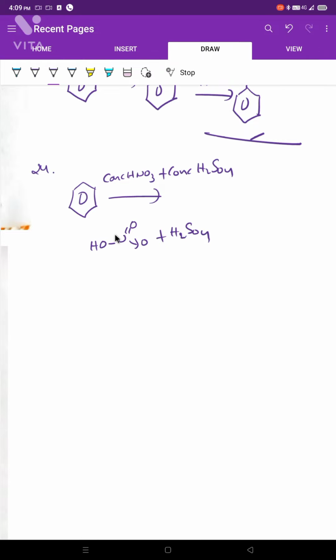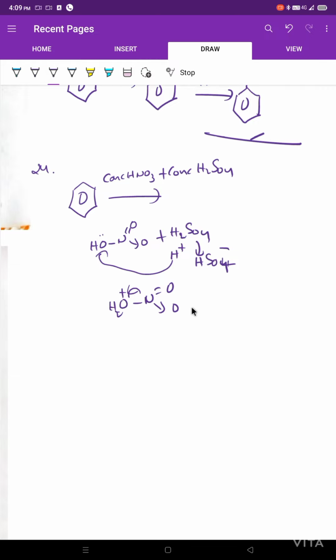On reaction, H2SO4 is converted into H plus and HSO4 minus, and this H plus gets attached to HNO3, giving H2 plus N double bond O, NO. After removal of water, you can get NO2 plus.